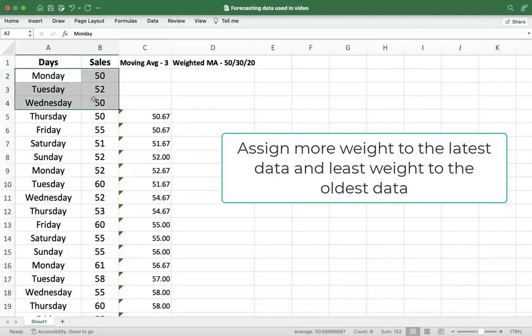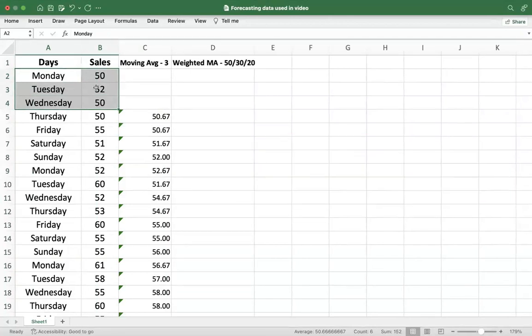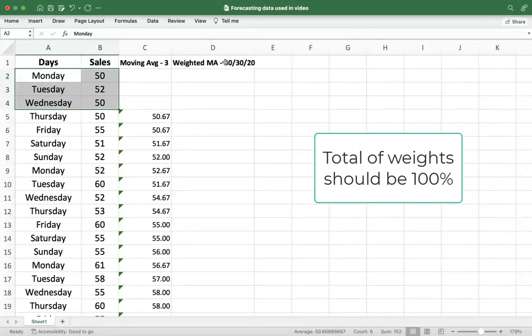So we want to assign them some weight, which means Wednesday will be assigned more weight because it's latest, Tuesday will be assigned less weight because it's less recent, and Monday will be assigned the lowest weight because it is the oldest. In the weighted moving average case, I'm going to use three scores: 50, 30, and 20.